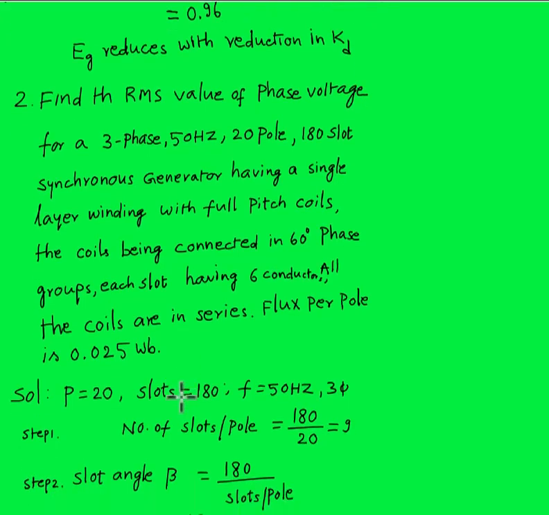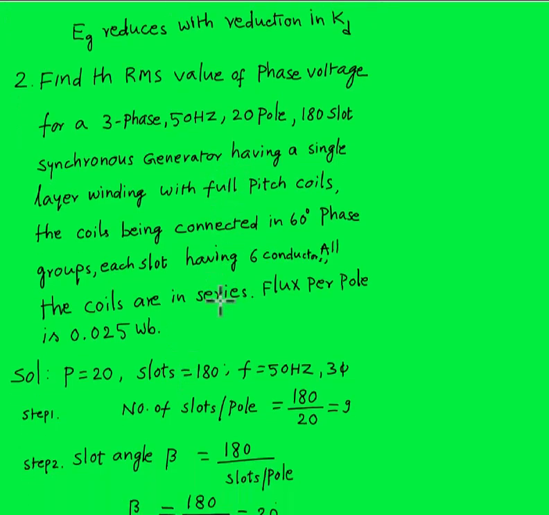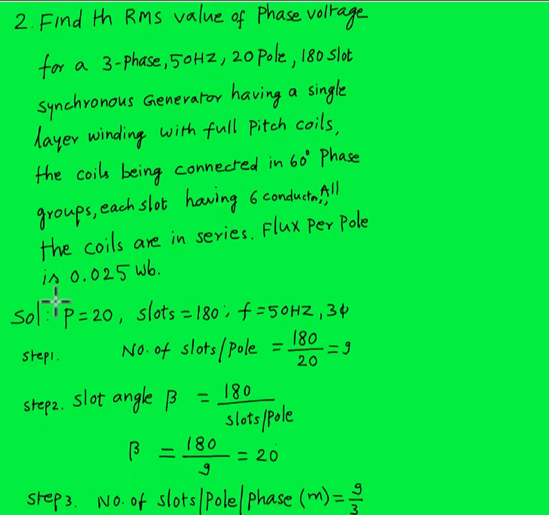So to get the generated EMF per phase, the formula is 4.44 Kw, that is Kd into Kp, into phi, into T phase, into frequency f. So for that, first write the given data: the number of poles is 20, the number of slots is 180, and the frequency of the supply is 50 Hz.